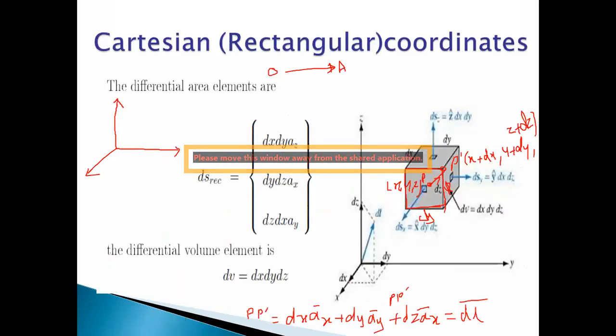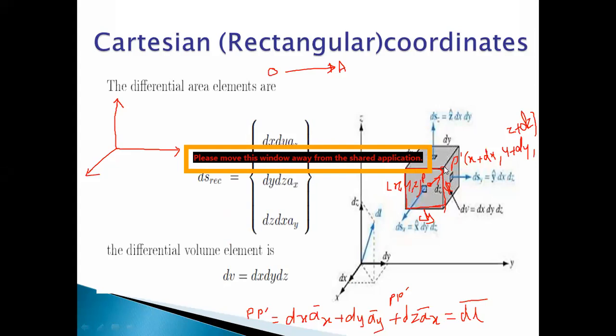So here you can see this front side. Which plane is this? X is equal to constant. This is showing x is equal to constant, and the differential area for this is dy dz.